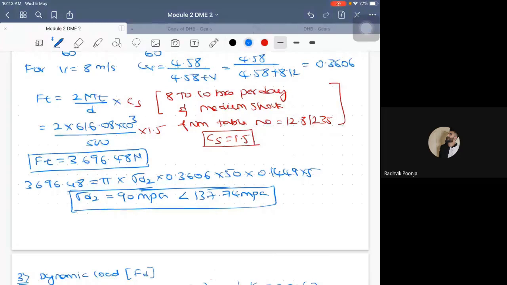Siddharth Shekhar. Yes, sir. So, how much design stress value did you get? Sigma D2, how much did you get? Sigma D2.